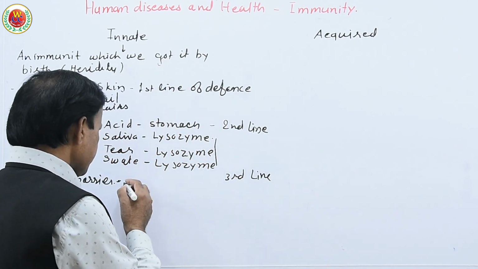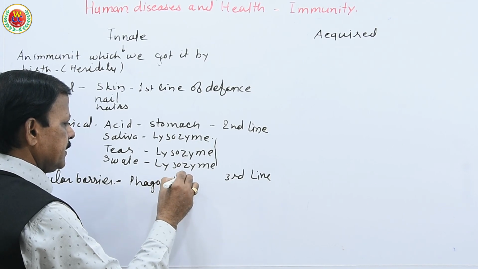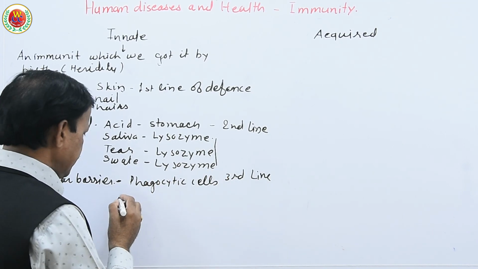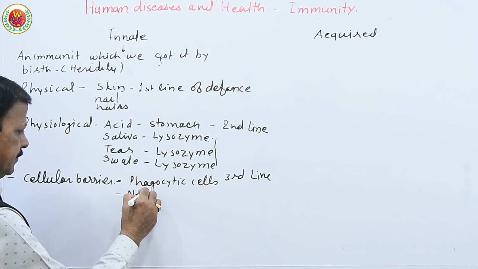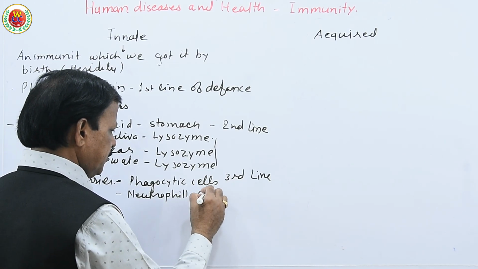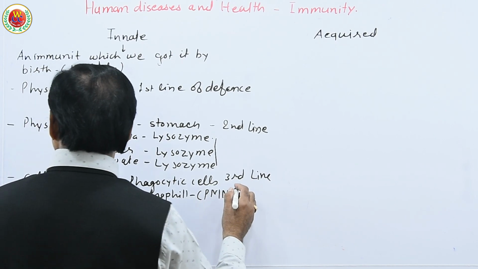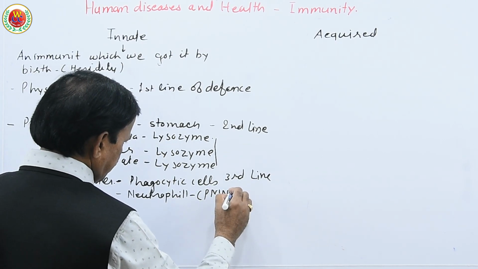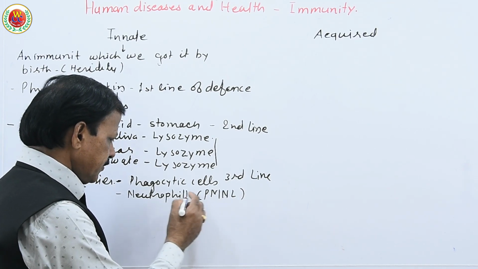We have phagocytic cells, for example neutrophil, also known as polymorphonuclear leukocyte. Please remember this full form.